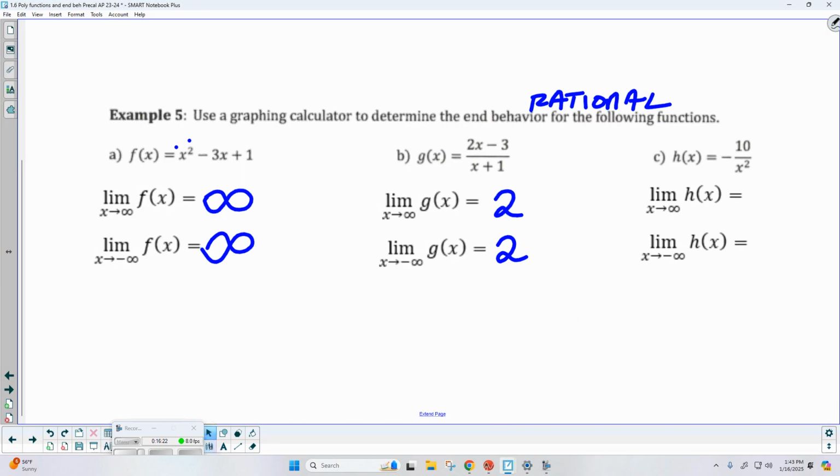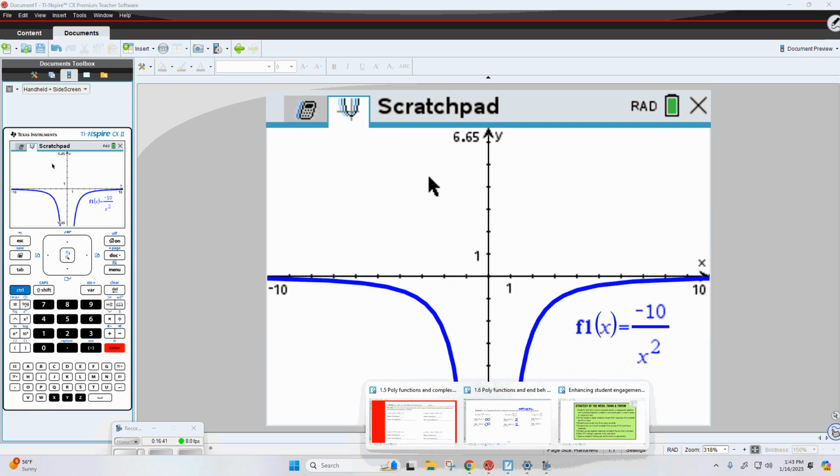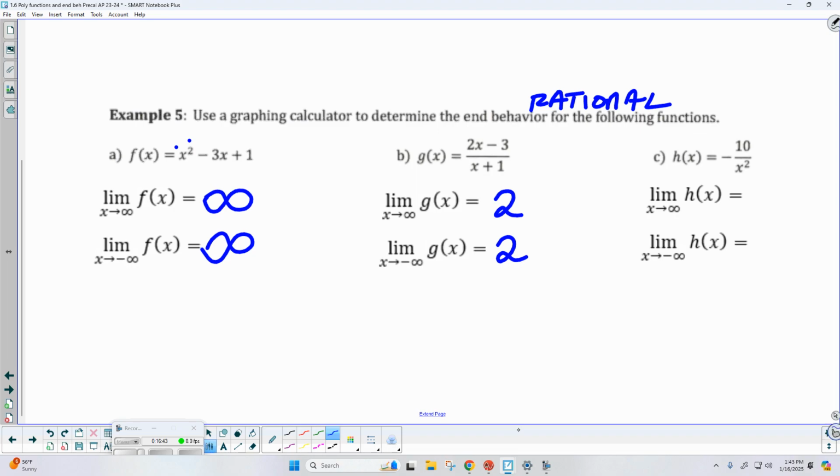So it is curving towards y equals 0. Absolutely right. So if I go back on my paper, and fill in these limit statements here, what are both of these going to equal? 0. Yes. Okay. Now, this is if you have a horizontal asymptote.